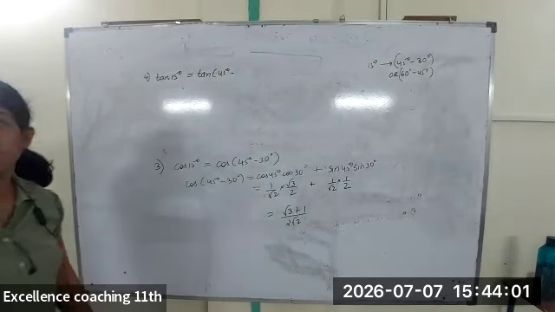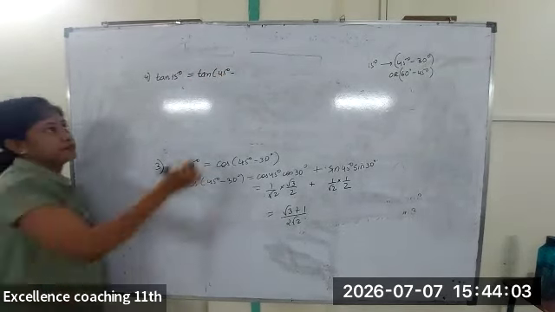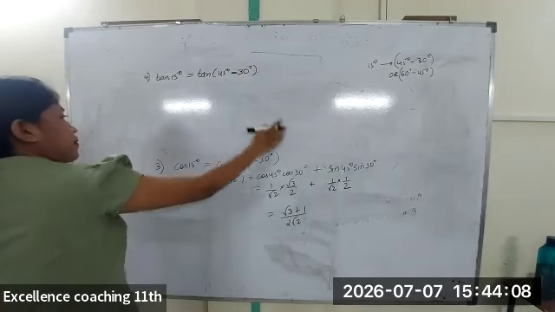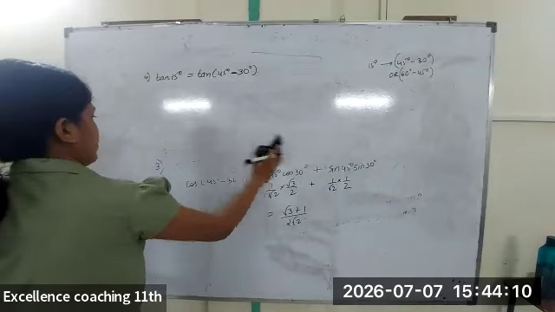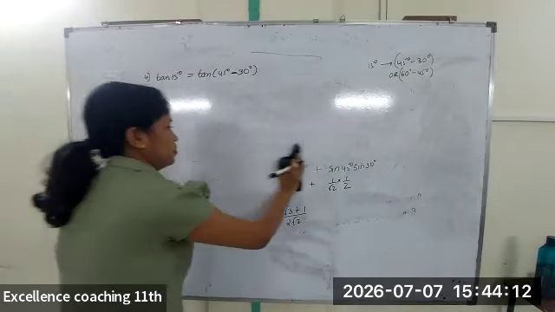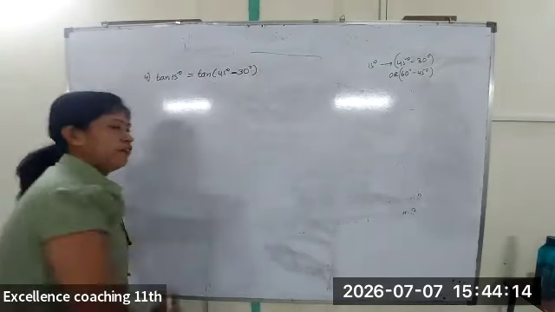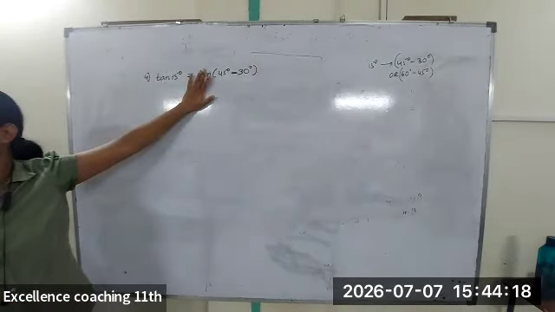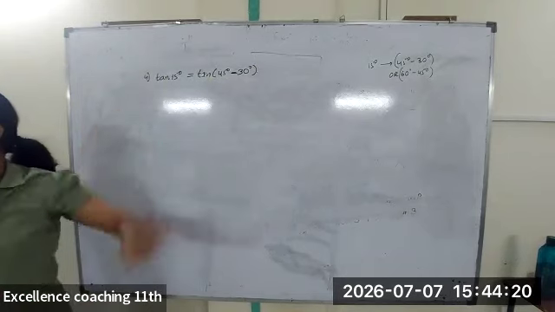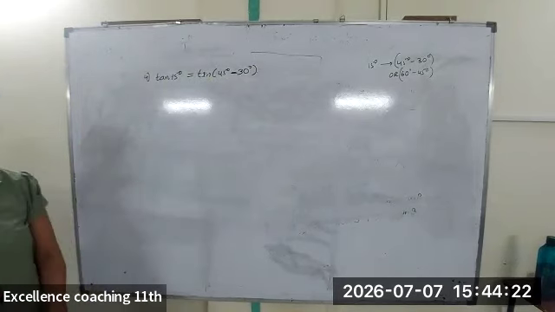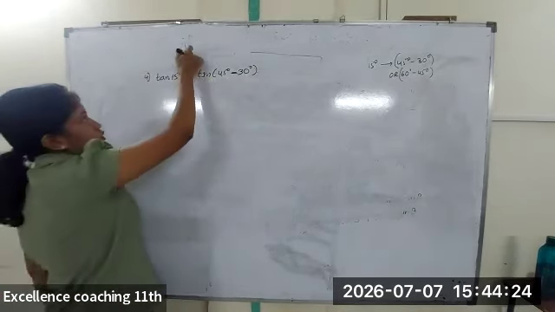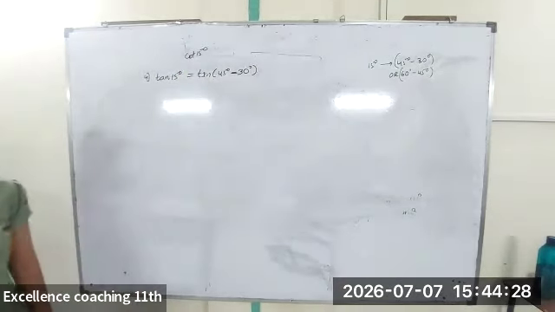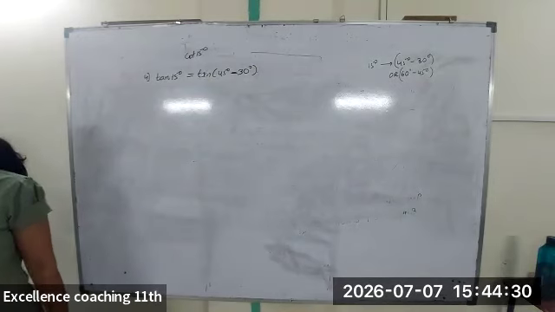Which one is left? 45 minus 30. If cot was asked, suppose cot of 15, what can you do first? First find tan of 15 and then make it ulta, whatever answer you get. Just in case cot of 15 was asked, irrespective find tan, because we don't want to learn an extra formula for cot.